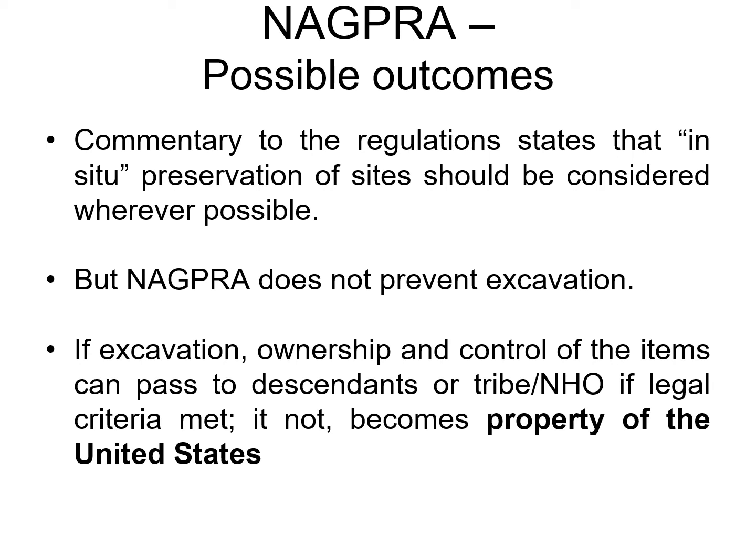If excavation occurs, ownership and control of the items can pass to descendants or a tribe if the legal criteria are met; if not, it becomes the property of the United States government. In essence, if you find human remains or Native American remains, you have to make, according to NAGPRA, every conceivable effort to repatriate those remains. If you are unable to do so, the remains don't just become frivolous, they end up becoming the property of the United States government.